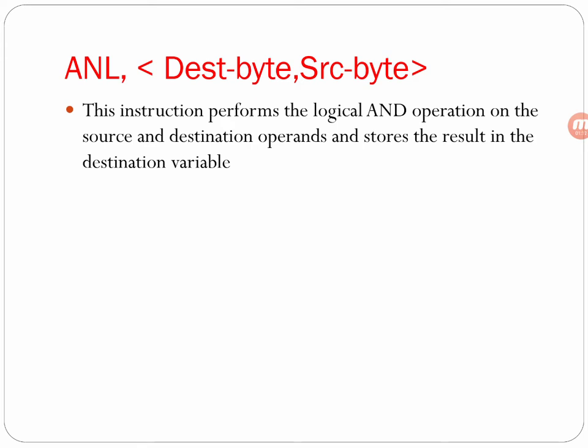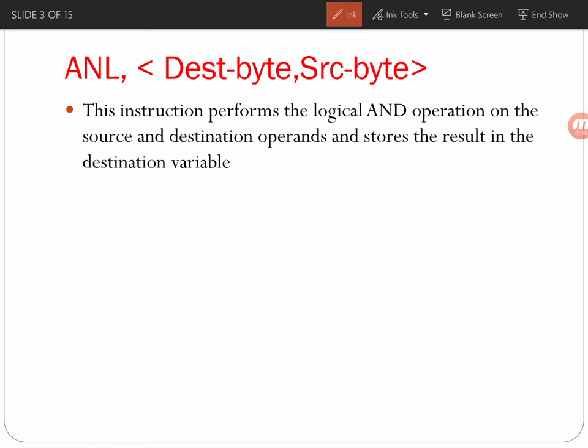As you can see, Intel always follows the opcode destination, source. So the content of the source will be ANDed with the contents of the destination, and the result will again be stored in the destination variable.